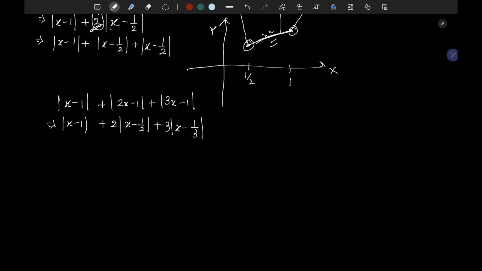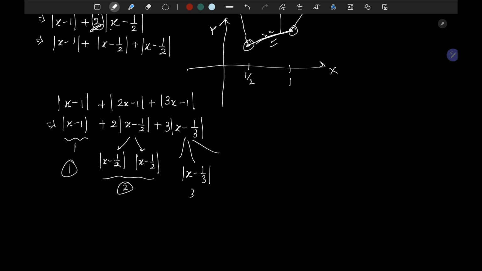Now, how many terms are we having? We are having one term from here. We will break this as modulus of x minus 1/2 and modulus of x minus 1/2, and from this we will have 3 terms, like 3 modulus of x minus 1/3, right? So one term from here, 2 terms from here, and 3 terms from here.